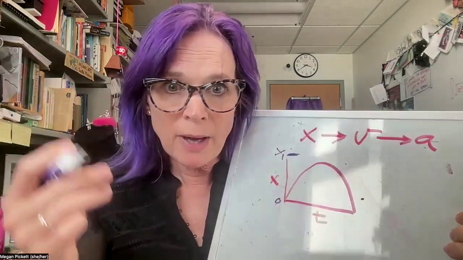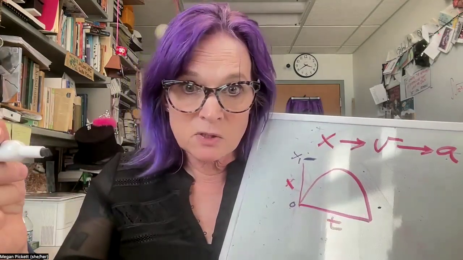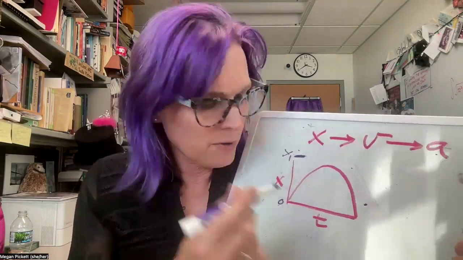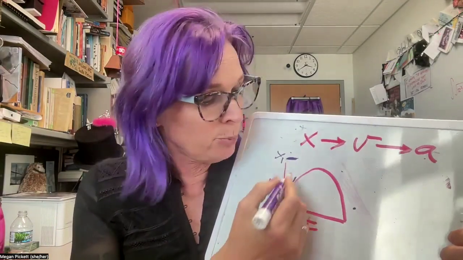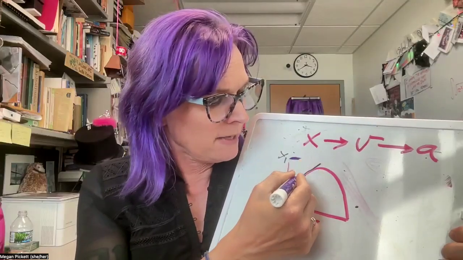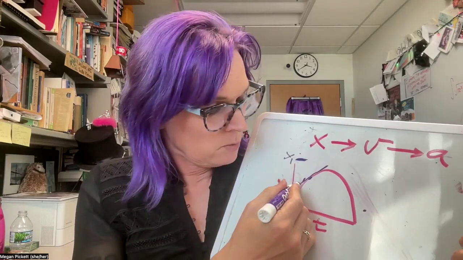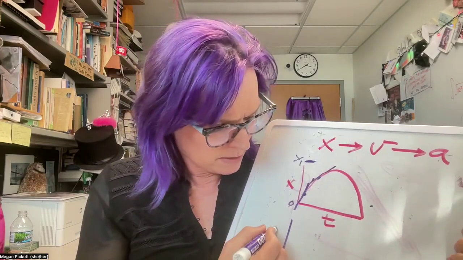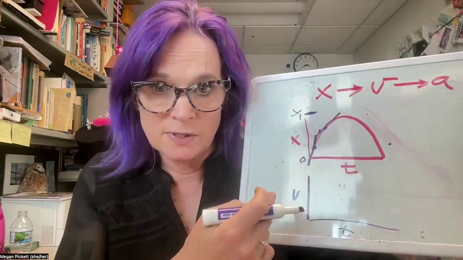So this is an out and back, but we're not going out and back at constant speed. We're constantly changing our speed. And the way we know that is that at every point along here, we can take the slope. At every point, the value of that slope is the velocity. So when you have a steep slope, you could draw right underneath it a graph of the velocity versus time.